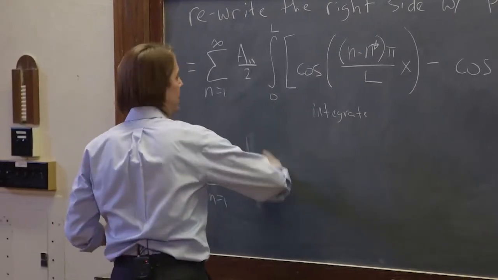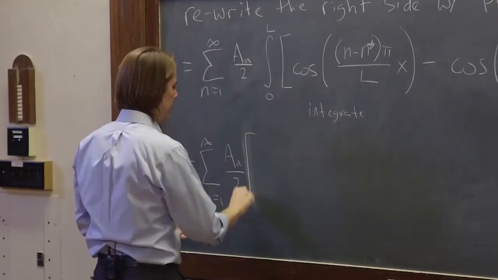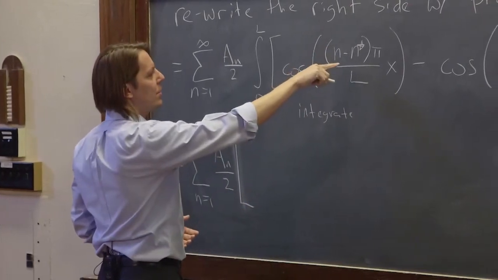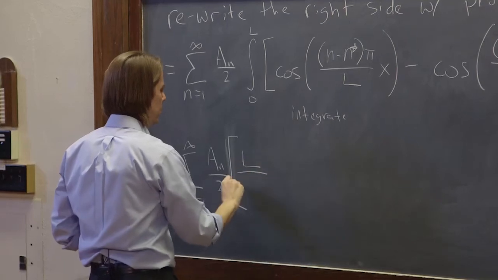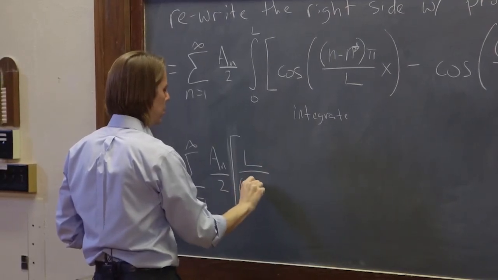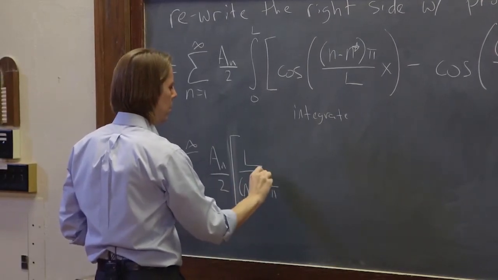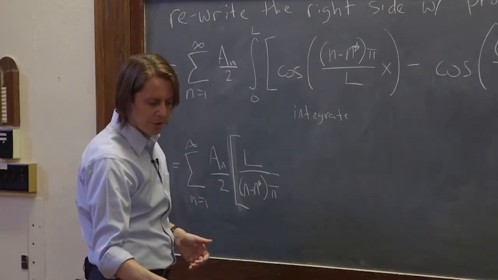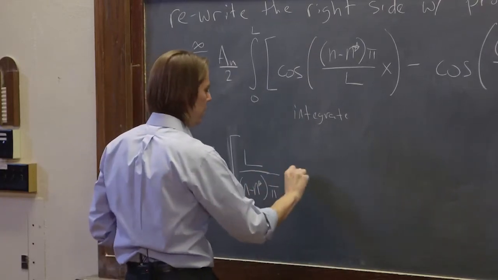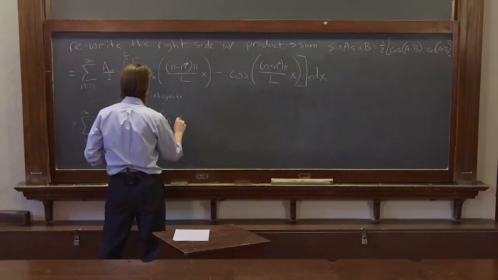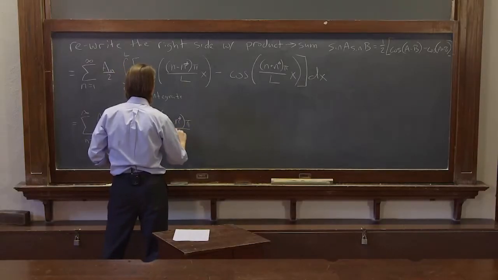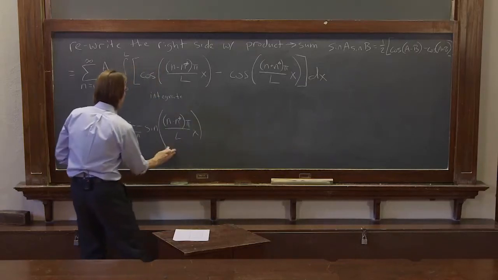And it's going to be L over n minus n star pi, and it's going to become sine of the same thing, n minus n star pi over L x.